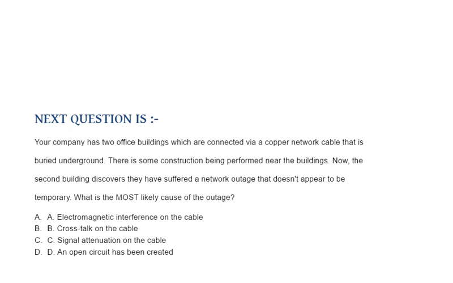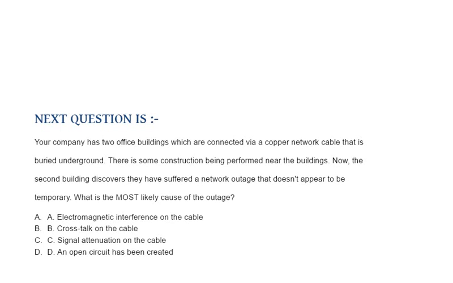Next question is, your company has two office buildings which are connected via a copper network cable that is buried underground. There is some construction being performed near the buildings. Now the second building discovers they have suffered a network outage that doesn't appear to be temporary.